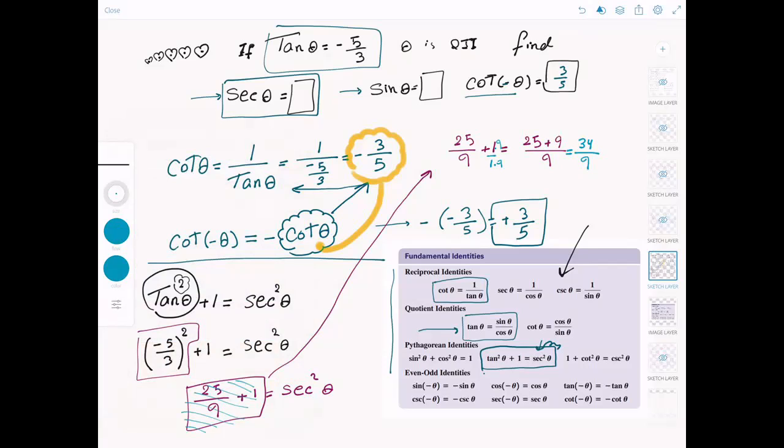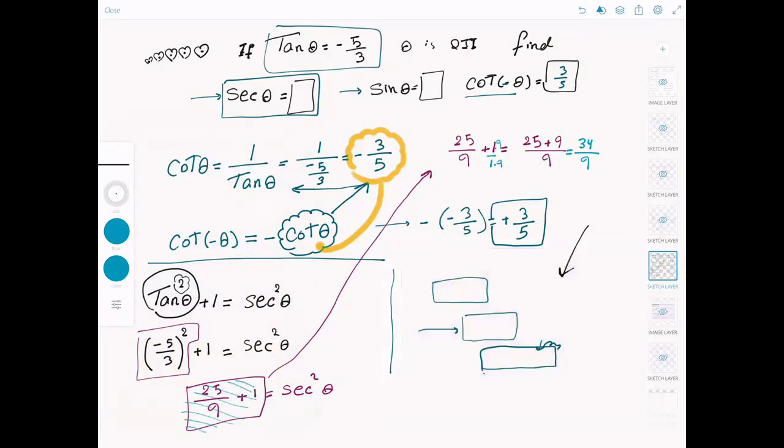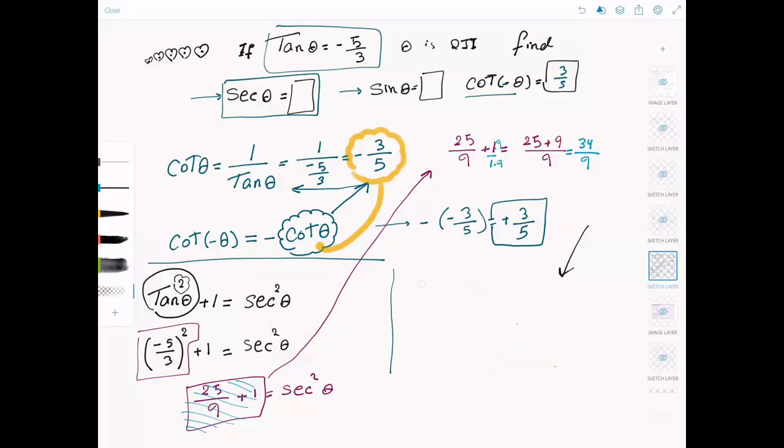Let me get rid of this. What's happening? All right, I got it. So secant square of theta equals 34/9.